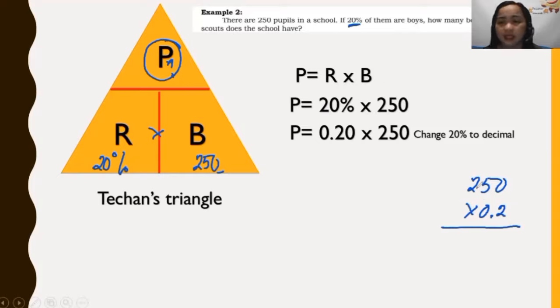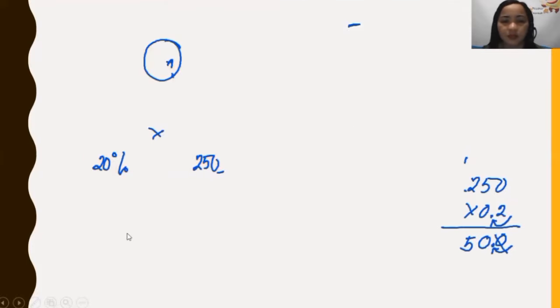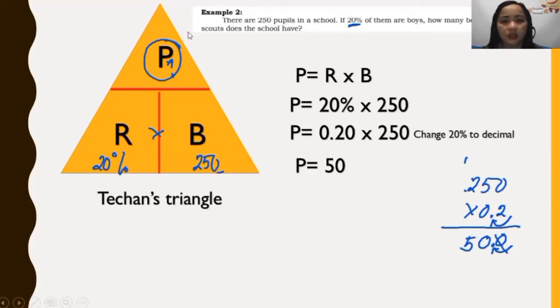Kaparehas lang yan. So now we have here, 0 times 2 is 0. 2 times 5 is 10. 2 times 2 is 4 plus 1 is 5. We have here 1 decimal place. So we need to move 1 decimal place here. So tanggal na si 0 sa dulo. Therefore, the answer is 50. Or, the school has 50 Boy Scouts.